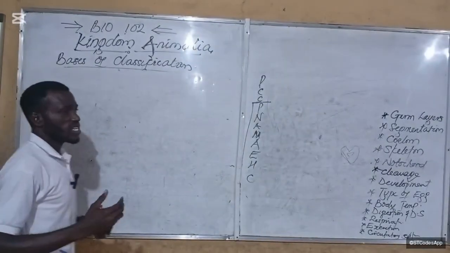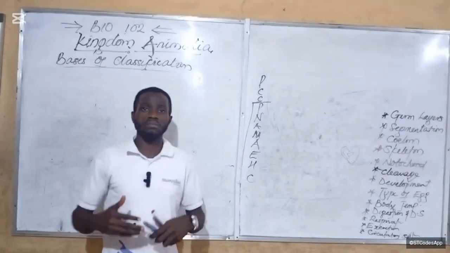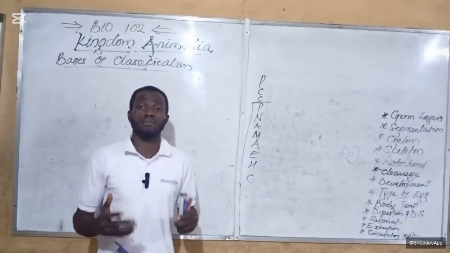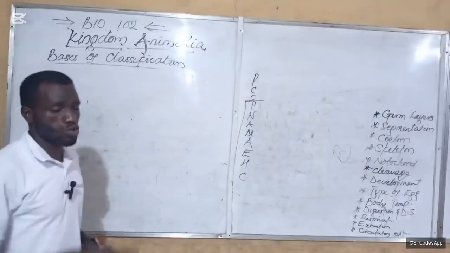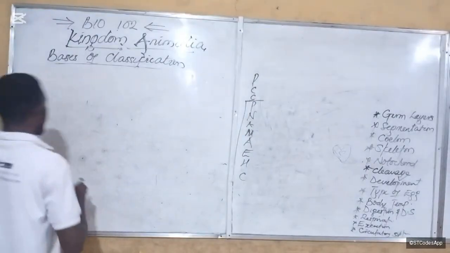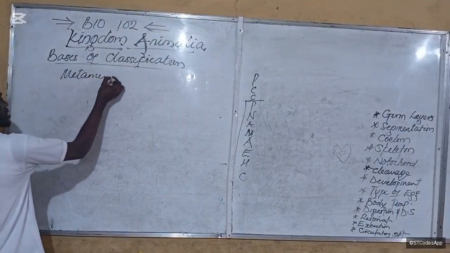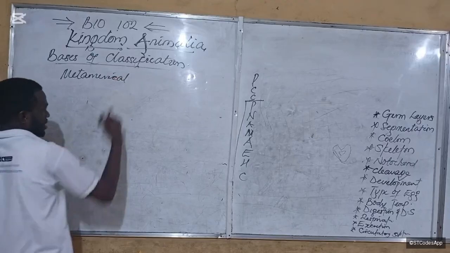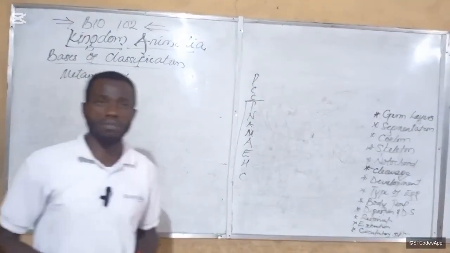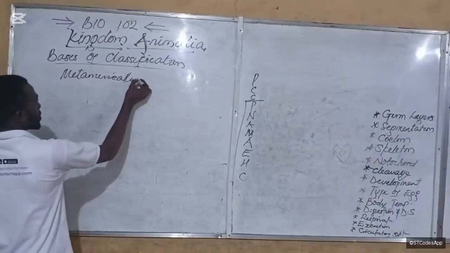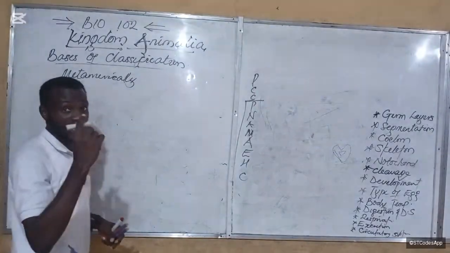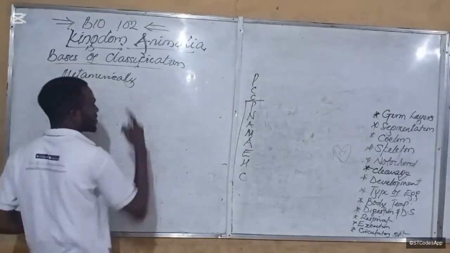And if the organism is truly segmented, then we say the organism is metamerically segmented. Now, what is true segmentation? True segmentation is also called metamerism.